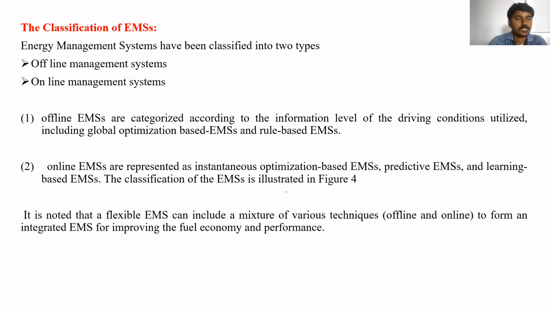Next, let's see the classification of the energy management systems. Generally, the energy management systems have been classified into two types: offline energy management systems and online energy management systems.